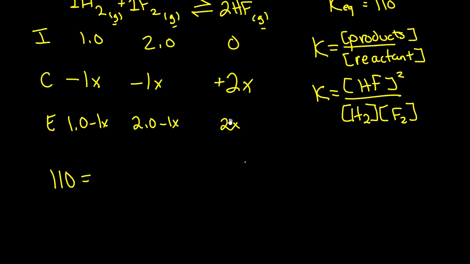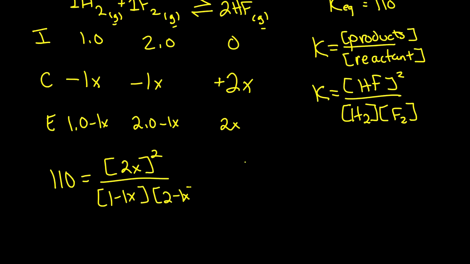HF is 2x, and it is to the second, or squared. H2 is 1.0 minus 1x, so 1 minus 1x. Concentration of F2. F2 is 2.0 minus 1x, so 2 minus 1x.